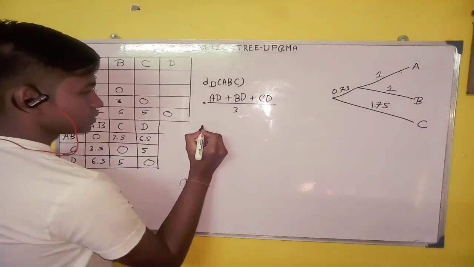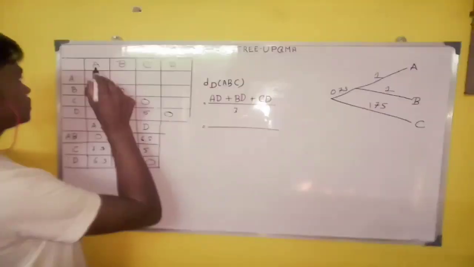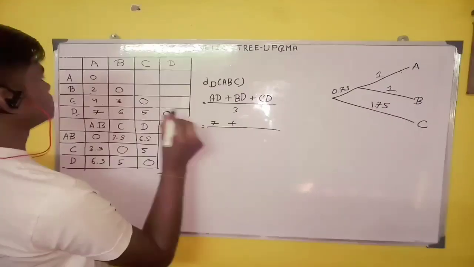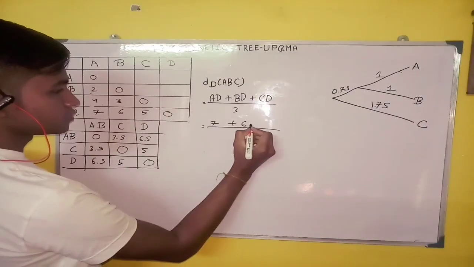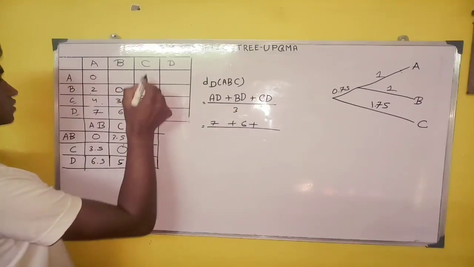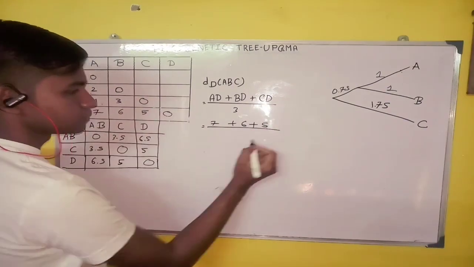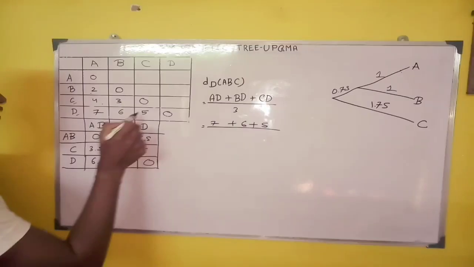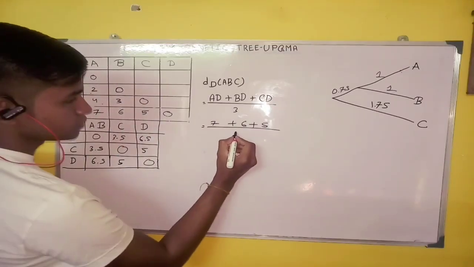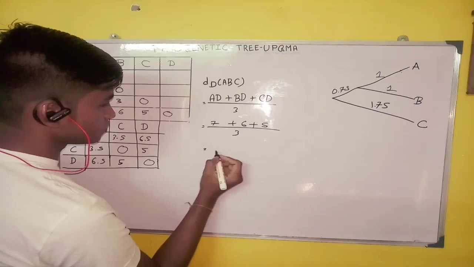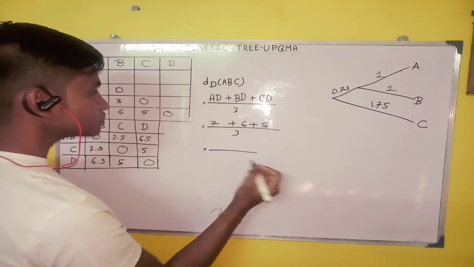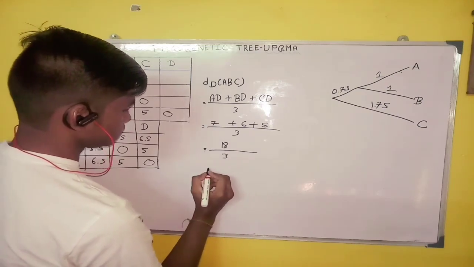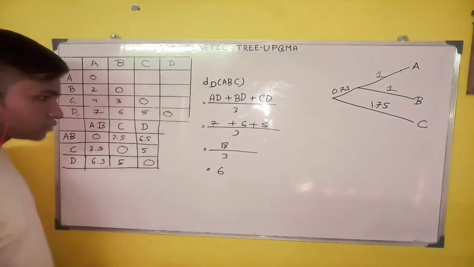AD is 7, BD is 6, and CD is 5. These are the distances taken from the first table, divided by 3. So the answer is 18 divided by 3, which is 6.